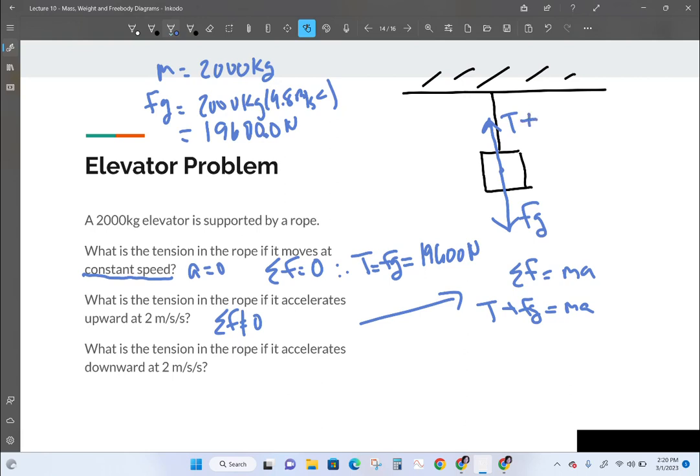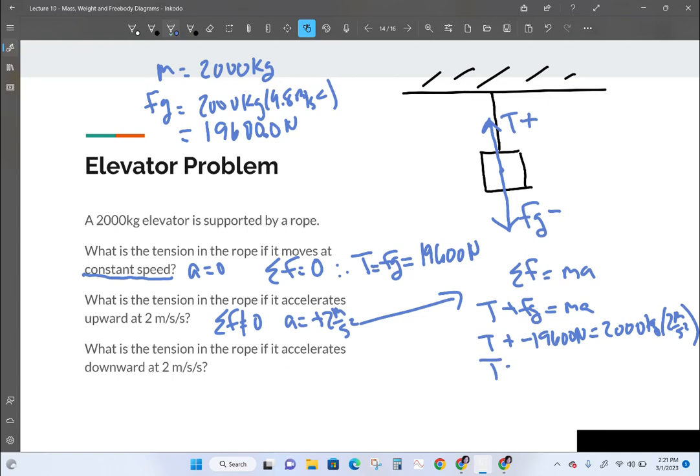This will be a positive number and this will be a negative number when we plug it into our equations. So really, it's going to be T plus negative 19,600 newtons equals the mass, 2,000 kilograms, times a, equals positive 2 meters per second squared, because it's going upwards.